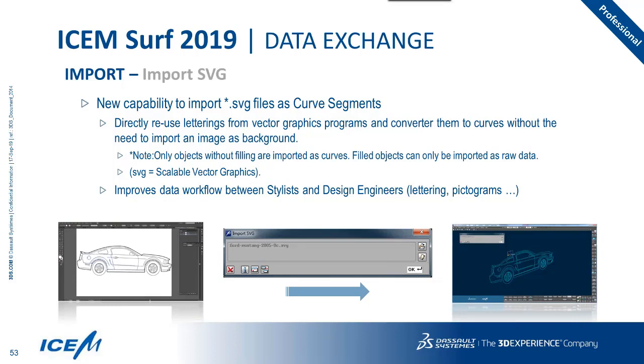But if you import filled objects, like a flood fill between curves, then it comes in as raw data. But the SVG file is a standard format, and it just makes the workflow a lot easier to get the curve-based imagery right in there. You don't have to trace over the TIFF files anymore, or you don't have to use DXF. You can actually get the native genuine data.